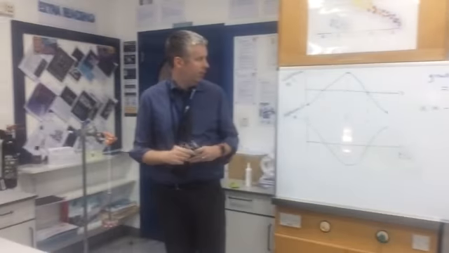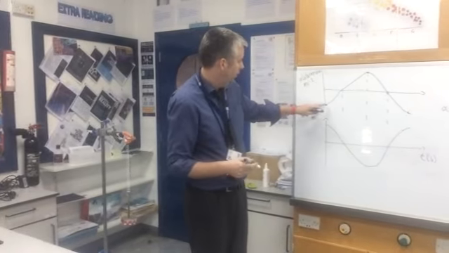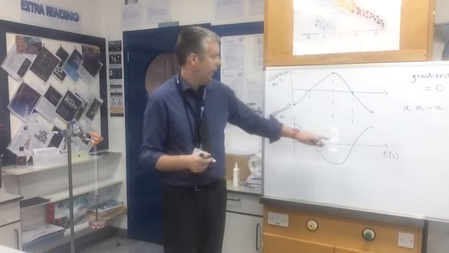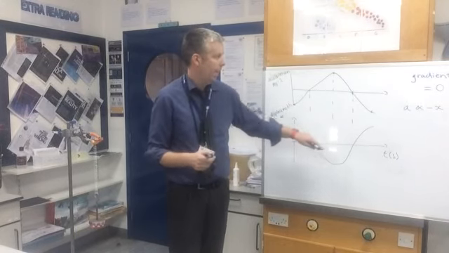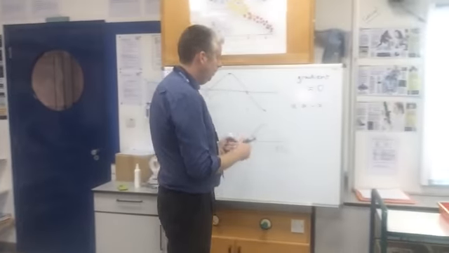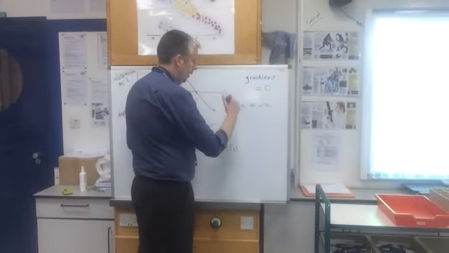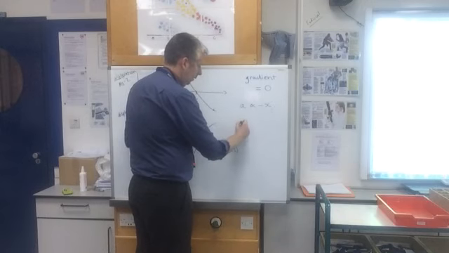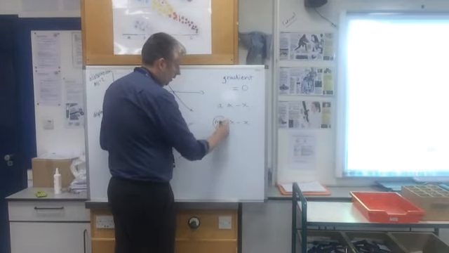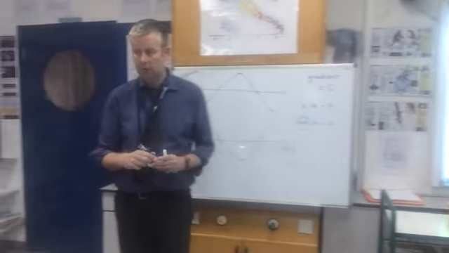Now what does that actually mean? That this is the mirror image of this in the time axis. Now what does that actually mean? It means that if I was to put an m next to this, you would see that this is a resultant force.